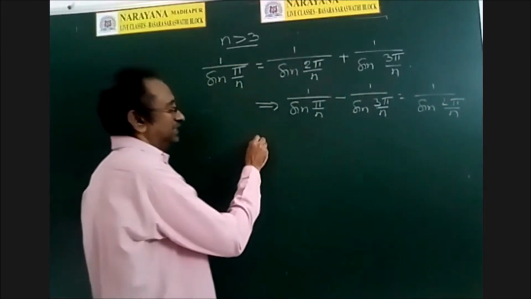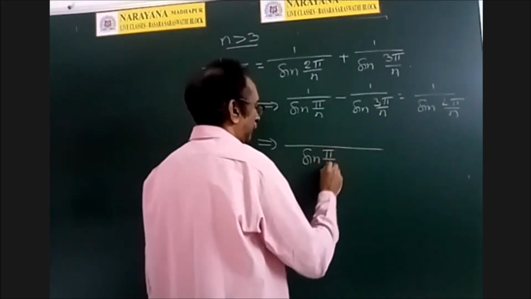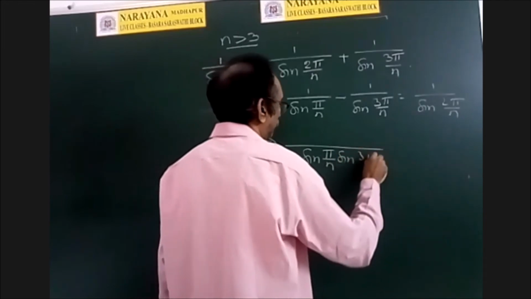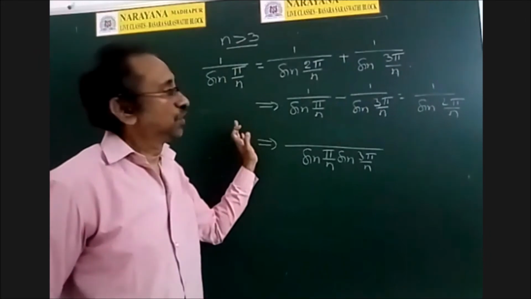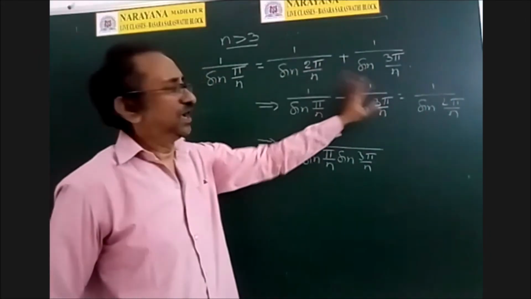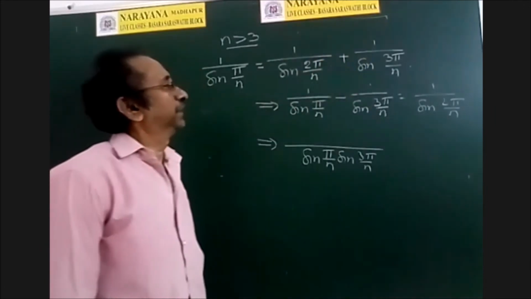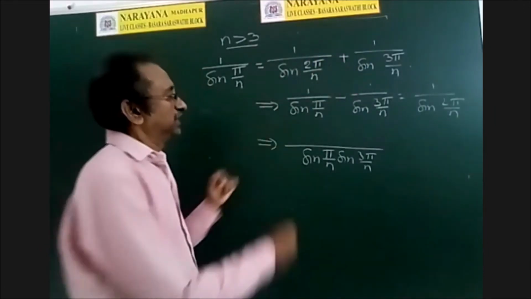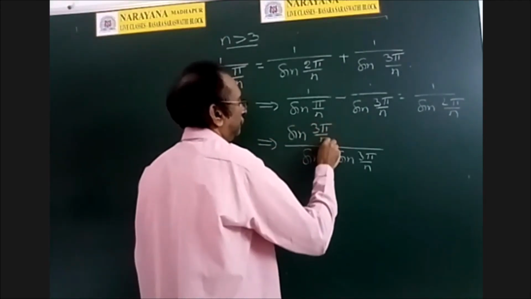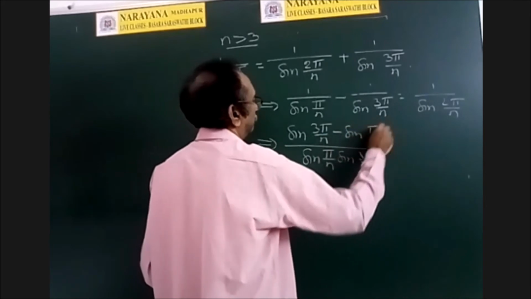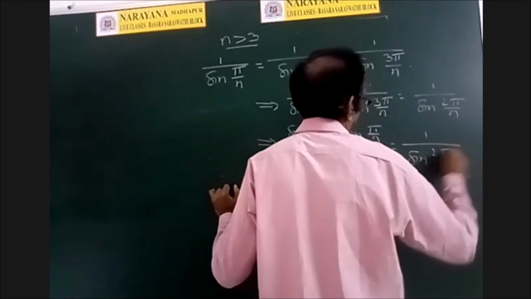And now LCM. So what is sine pi by n and sine 3 pi by n? See, why have I taken that to the left hand side? Of course, I can take LCM here, and the numerator will be sine 3 pi by n minus sine pi by n, equal to 1 by sine 2 pi by n.